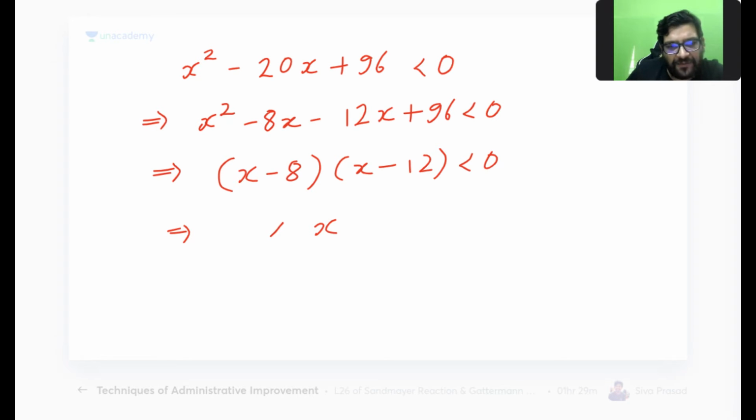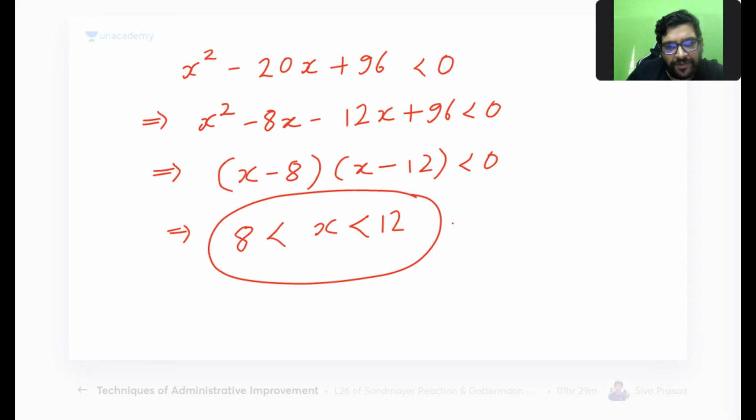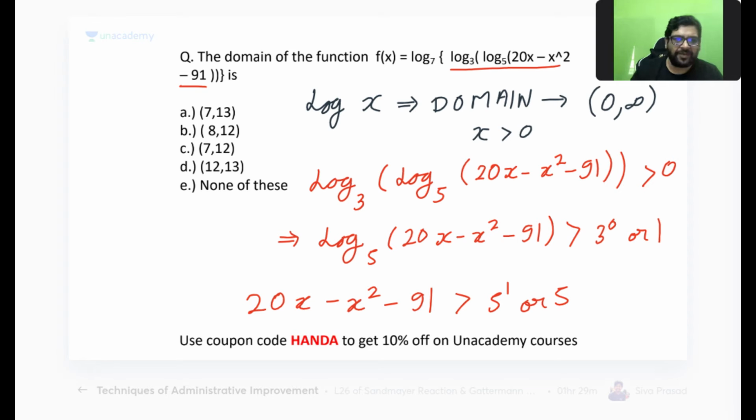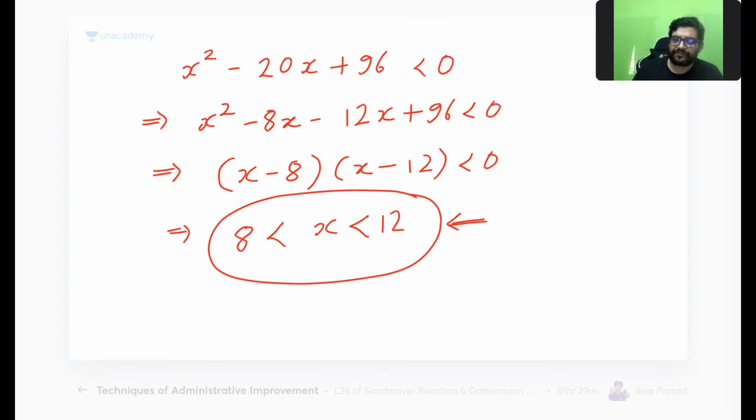So that gives me the value of x between 8 and 12. Are you guys okay with this? Option B as the answer, 8 and 12.